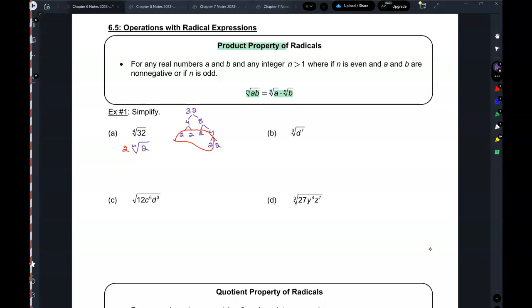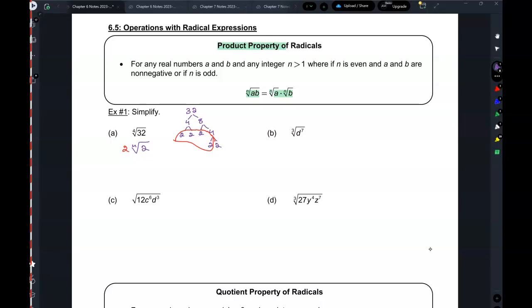take a look at this. I have cube root of d to the 7. So basically, inside here, you know how for the 32 we broke it up and we realized that inside this radical I really had 5 2's and I grouped them by 4?